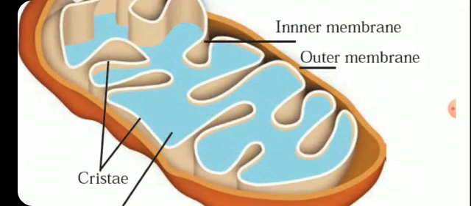See here, the inner membrane is deeply folded and these folds are called cristae. The inner cavity has a matrix containing ribosomes, phosphate granules and DNA. It is like a proteinaceous gel.